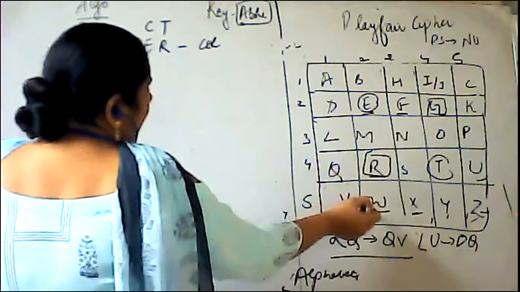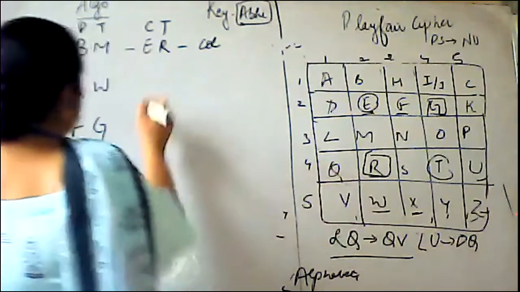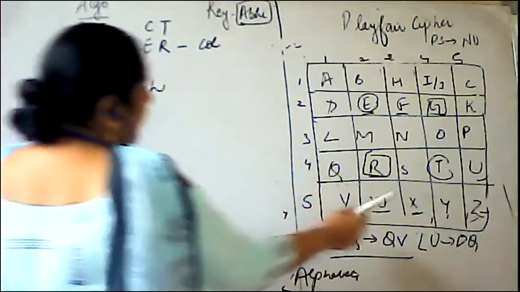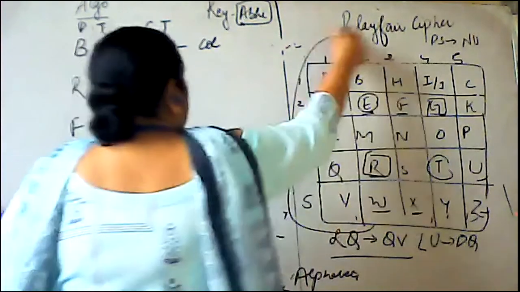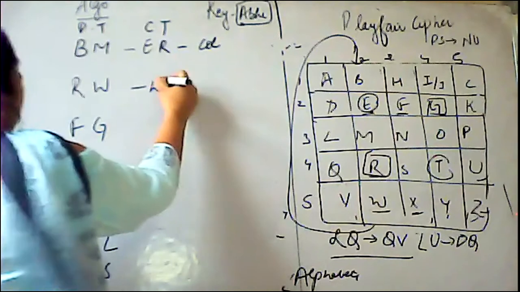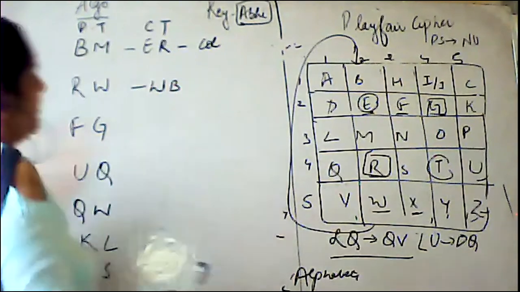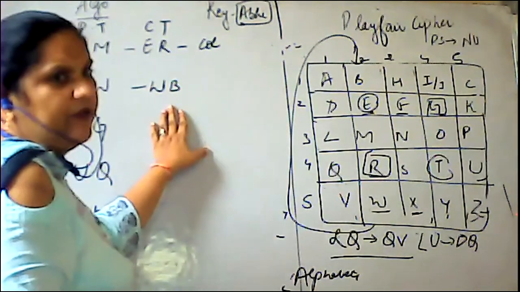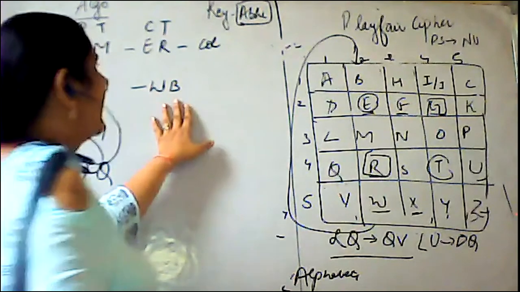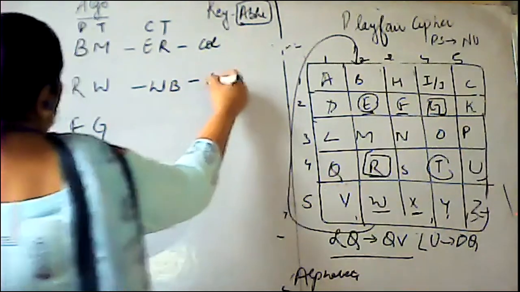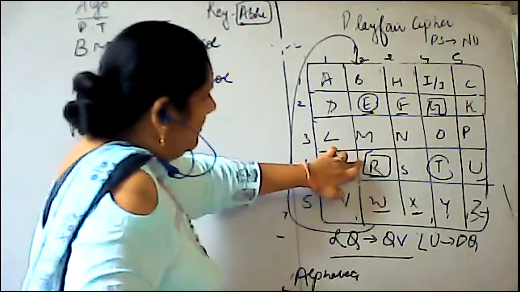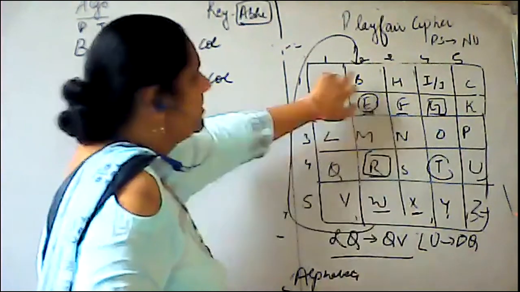This is R and W. Below R is W, and below W it will come rotatingly to this position. So after B, we'll start from the first position again. Below W we consider as B. So they are in same column. Below R is W and below W is B.